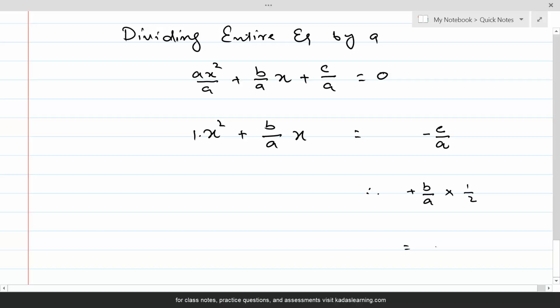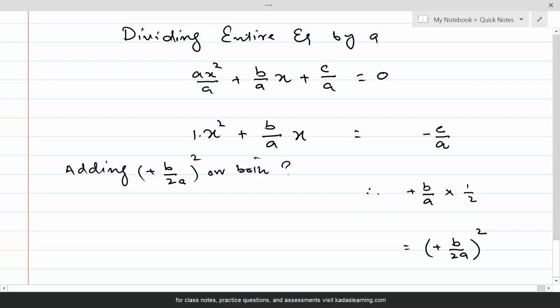Whatever number we get, that is plus b over 2a, we take its square and add on both sides of the equation, adding b over 2a square on both sides of the equation.